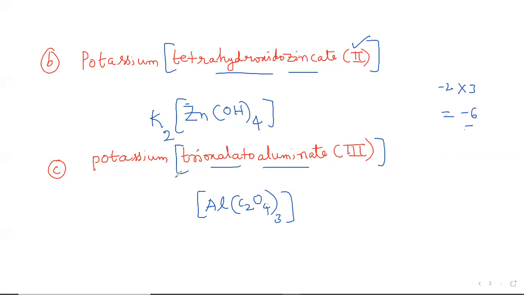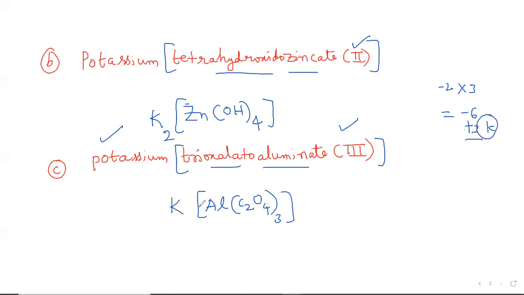But the entire complex compound should be neutral, with total charge 0. So how many potassium should be present outside to balance it? We take 3 potassiums outside the square bracket, on the left side.